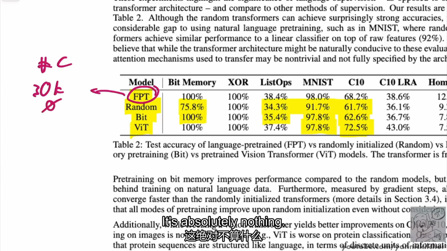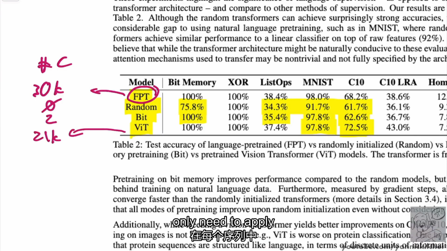Random, it's absolutely nothing. These bit memory tasks, you have 2 classes. And in the vision transformer, you have 21K classes, but you only need to apply it once per sequence, right? You only have to have one output. Whereas in language modeling, every single token is a classification.